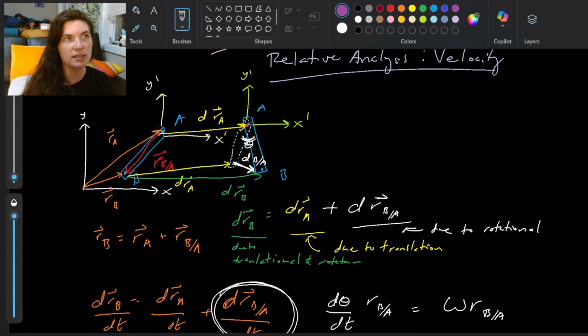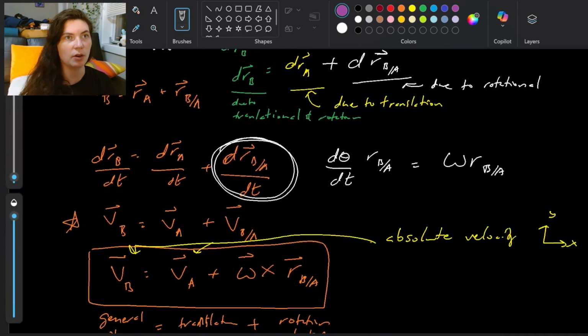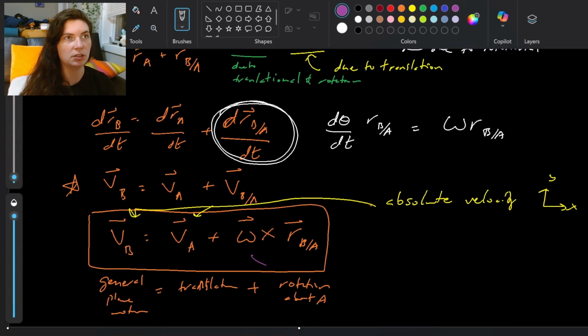In this case, it looks like B is swinging out around point A in a counterclockwise fashion. So this is our omega. It's directional. Omega is the way the bar appears to be rotating.